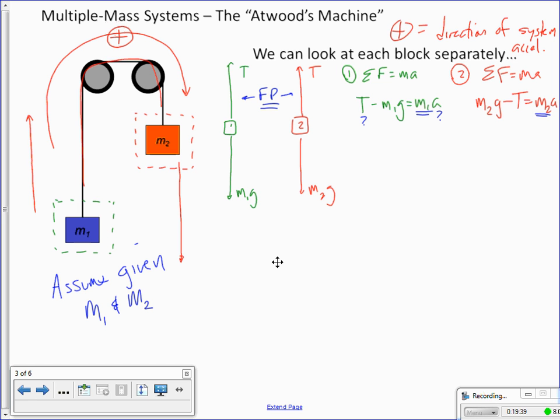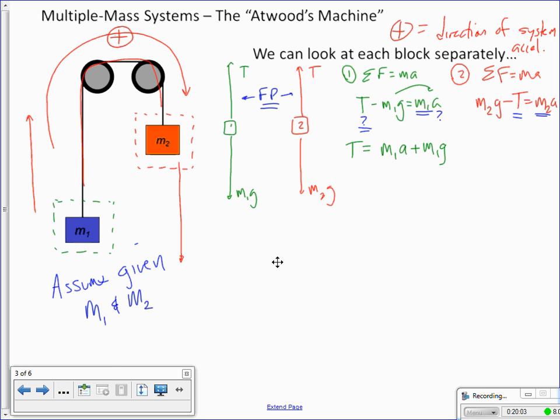Okay? So what we can do is set these two equations, well, how about this? Here's what I'm going to do. I'm going to set the T's equal to each other. So over here, T is going to be m1a plus m1g. Just move that over here.